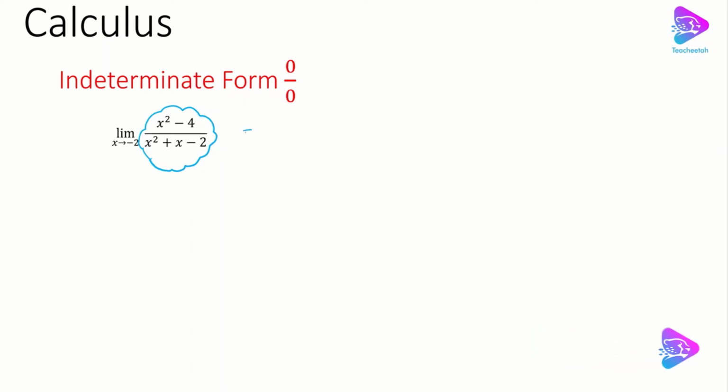If we plug in minus 2 in this function, this is going to be (minus 2) squared minus 4 over, again, (minus 2) squared plus minus 2 minus 2.